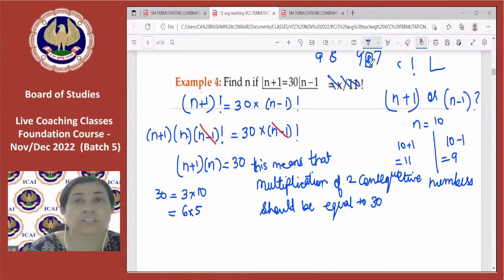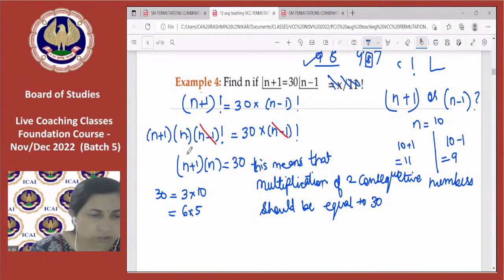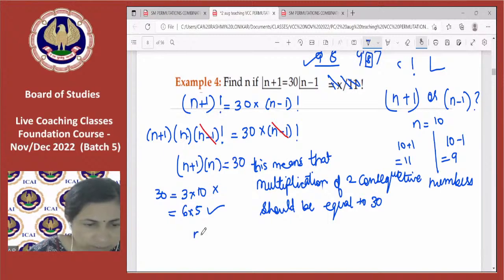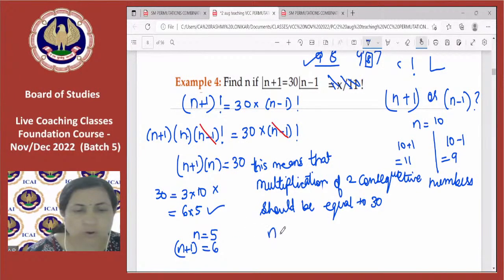So these are not consecutive numbers. So 3 into 10, is it consecutive? No. 6 into 5, are they consecutive? Yes. So my n is equal to 5 and n plus 1 will be equal to 6. And so I get the answer, the value of n is equal to 5.